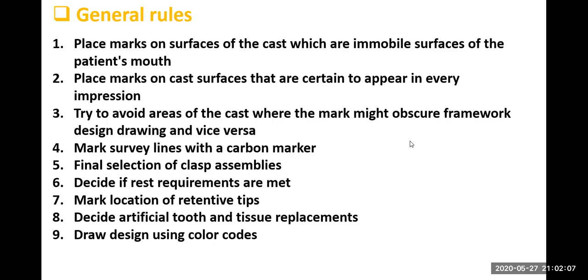Rules, marks that are important to your design. So you try to avoid areas of the cast where the mark might obscure your framework. Where you are designing, try to avoid areas of the cast where your metallic design will become obscure in the process of your fabrication.